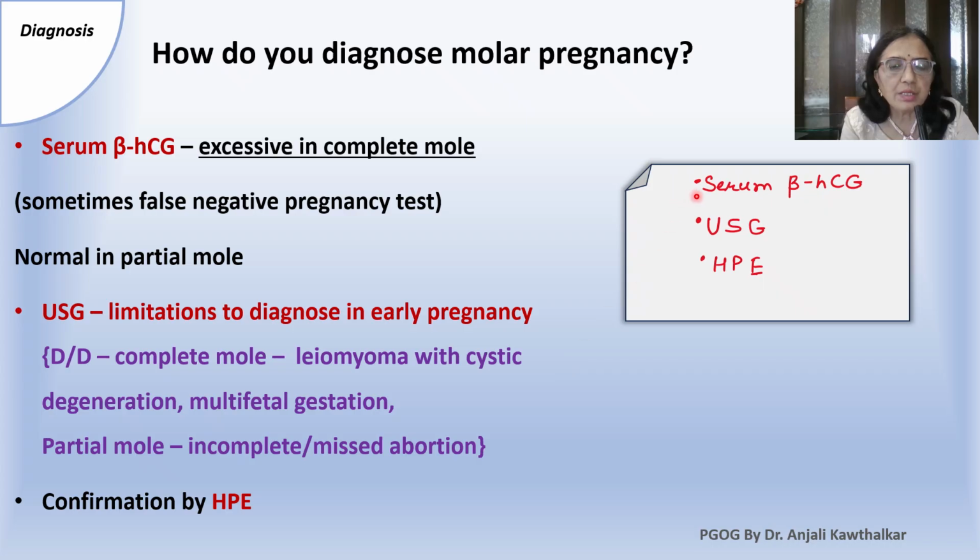So usually we diagnose by hCG, ultrasonography and histopathological examination. For invasive mole, we can also do transvaginal sonography to see the myometrial invasion taking place along with the presence of intrauterine vesicular mole.